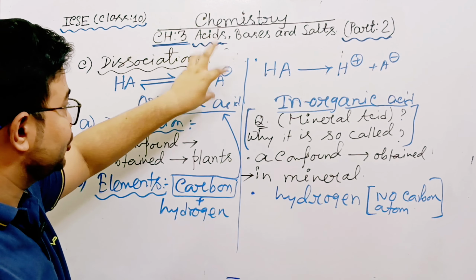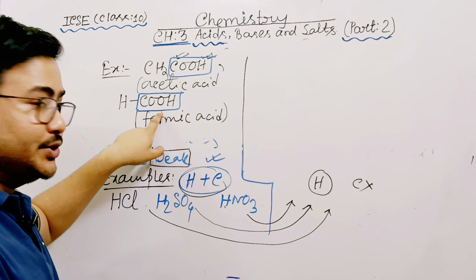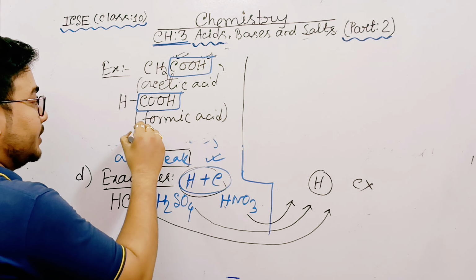Second, HCOOH, it is called formic acid. Now wait, this group, COOH, this group is called acid group. Look at the board, this is important in organic portion. Whenever I will discuss the organic, then you can understand also this. Acid means COOH. When any acid group attached with H, then what form will come?